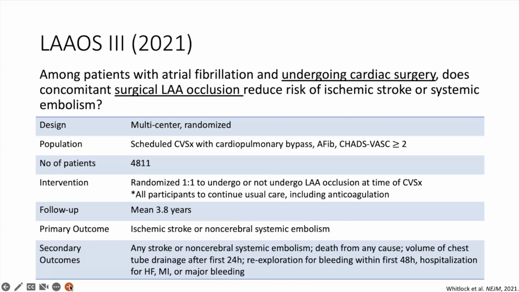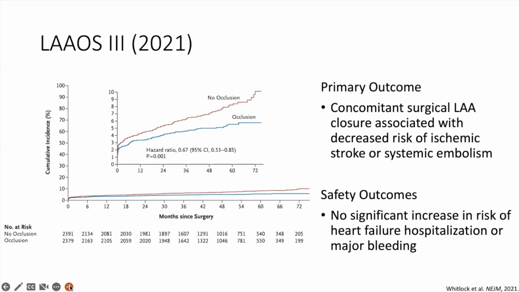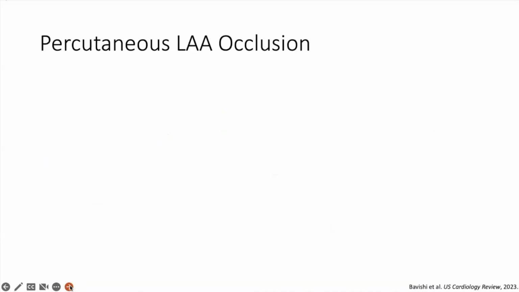Importantly, all patients continued to have anticoagulation, whether or not they had the left atrial appendage occlusion. And the main outcome they were looking at was ischemic stroke or systemic embolism. And this was a positive trial, so it showed that occluding the left atrial appendage while continuing on anticoagulation resulted in decreased strokes. So very promising trial there.